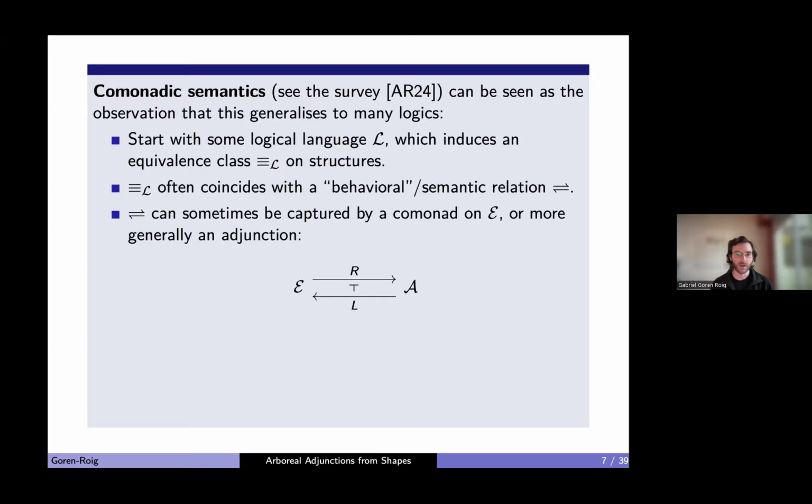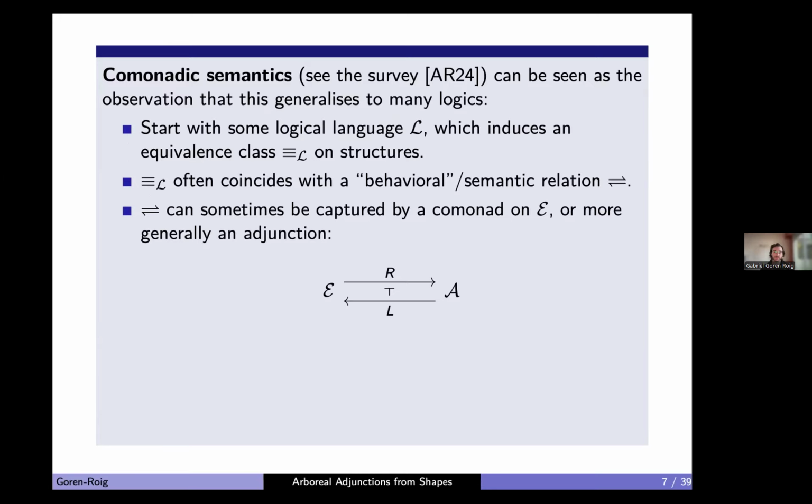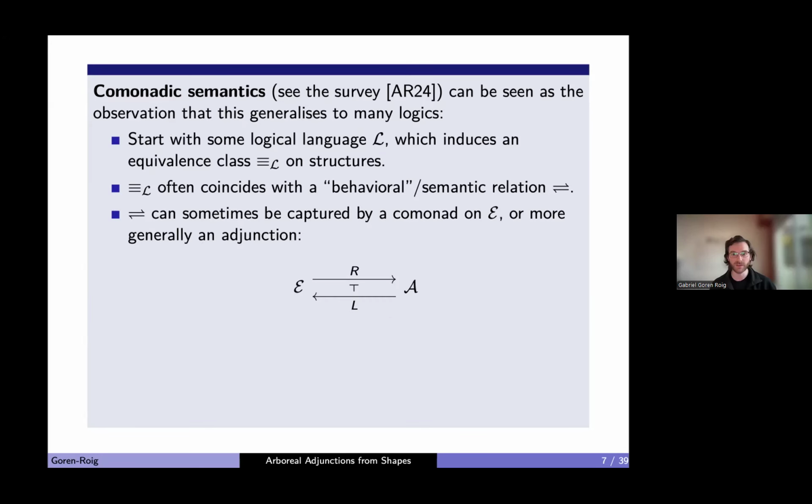And then the categorical observation would be that these bisimilarity relations can often be captured by a comonad acting on this category of objects that the logic is predicating on. So these are called the extensional objects. So that's the category E for extensional. And these objects would be basically graphs in the example that we've been looking at.